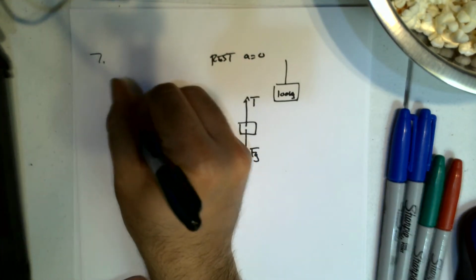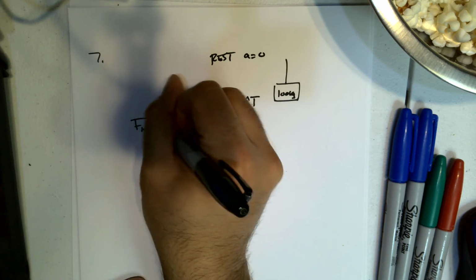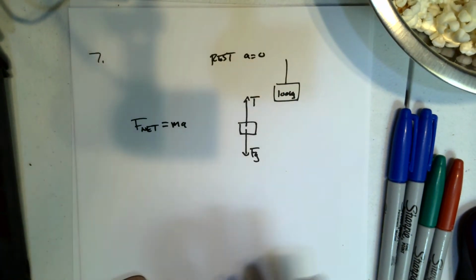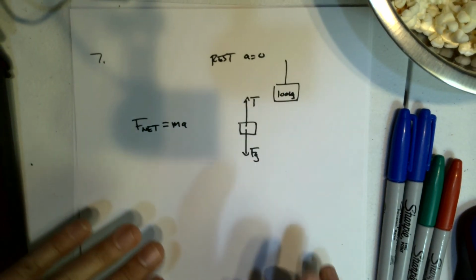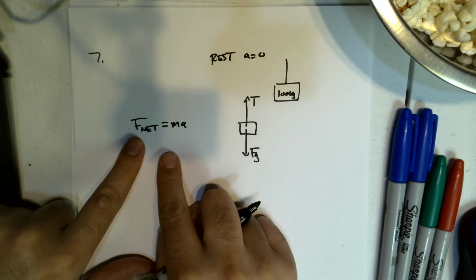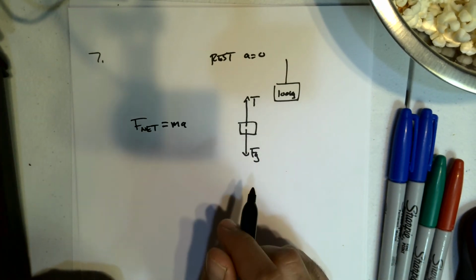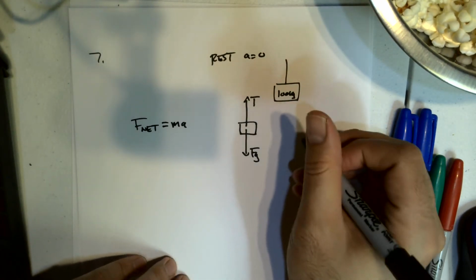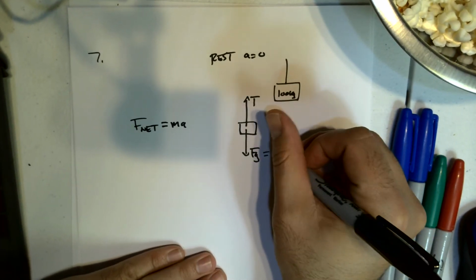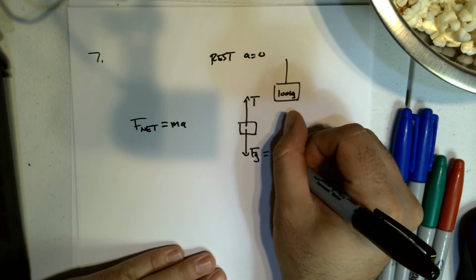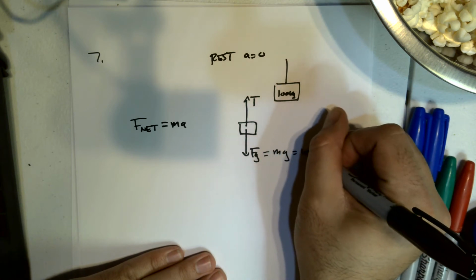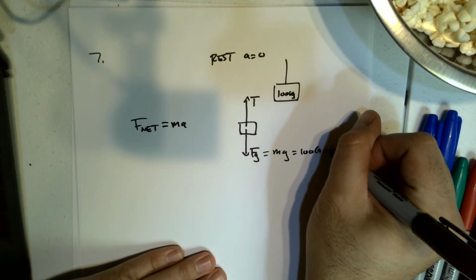So when you look at the second law, you have this, F net equals ma. You're always looking at your free body diagram and the second law. And what we can do is take a look at our forces. We always know how to calculate this. This would be m times g, which is a mass of 100 times 9.81.